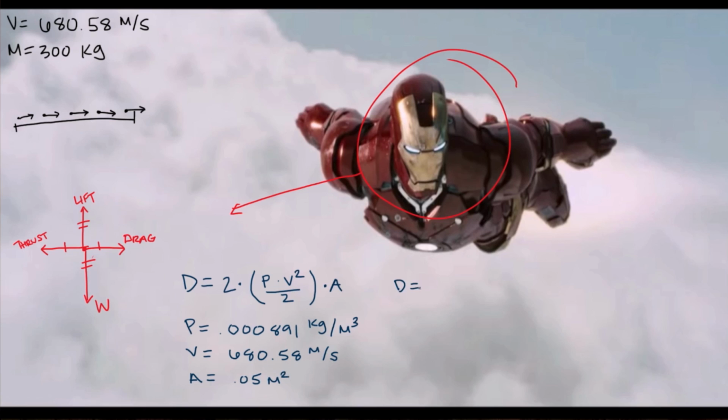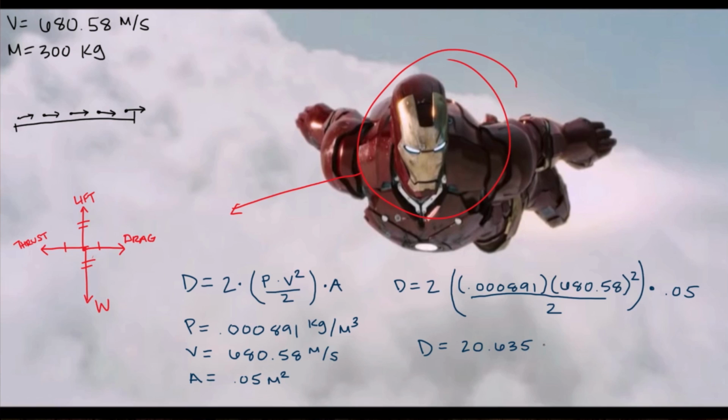When you fill in the equation, it all multiplies out to equal the drag. Drag is equal to 20.635 newtons. By finding the drag, you also find the force of the thrusters.